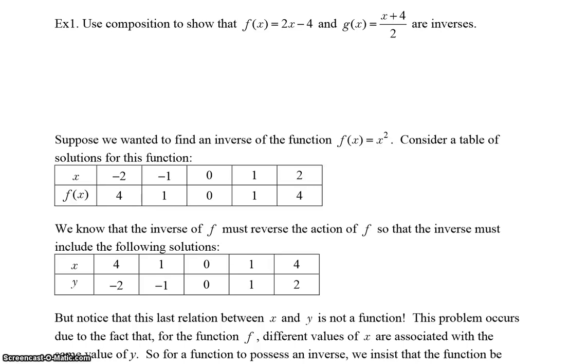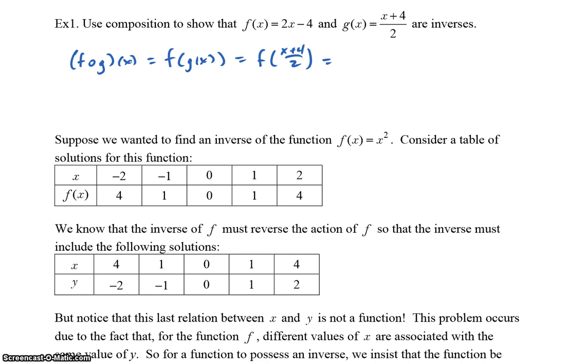To verify this, however, we should perform function compositions. If we do the composition f composed with g of x, that is f of g of x, starting from the inside, this would be f of (x plus 4) over 2. All right, then we're going to plug that into f.